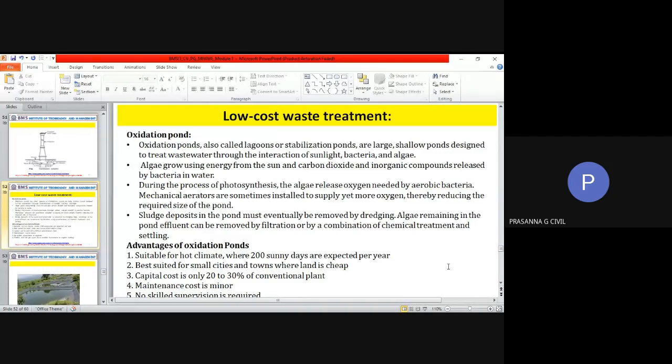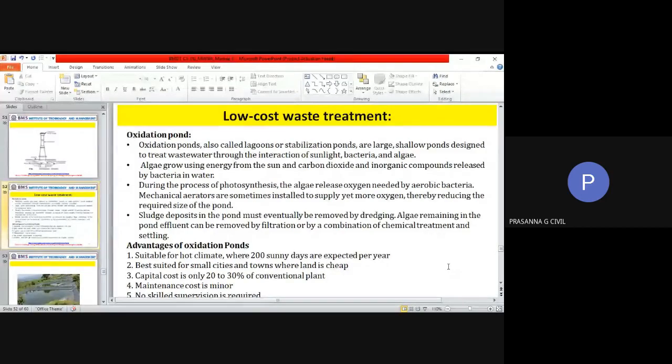So oxidation pond, many of you may not have seen, but I'm sure that whether you have attended the open course or not, many of you will be familiar with what we call by the term septic tank. Some of us may be having it at home. So these are the two simplest low cost treatment or waste treatment units that can be provided.